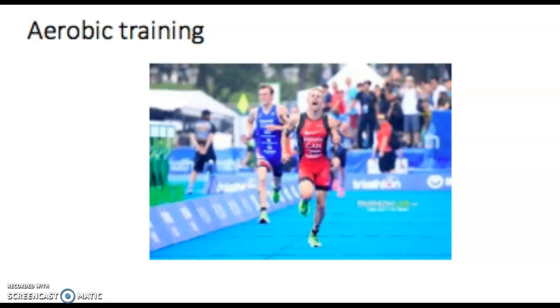Continuous training is where the athlete will run for a long time, generally over an hour and a half, without stopping or having a rest. They will also have to train between roughly 40% of their heart rate to 60% of their heart rate when doing this training.